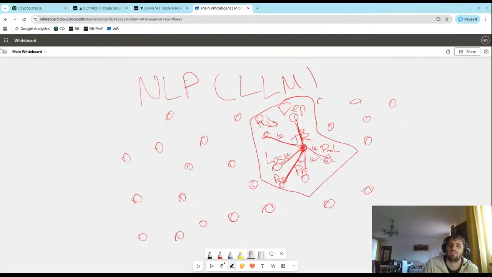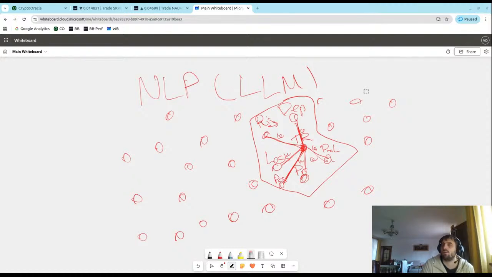So we got a cluster here, and when we ask our large language model to give us an answer, what it does is it reads the question and gets which cluster your question belongs to.